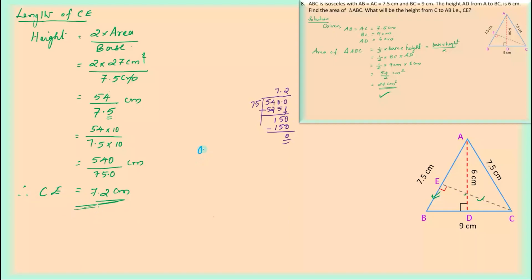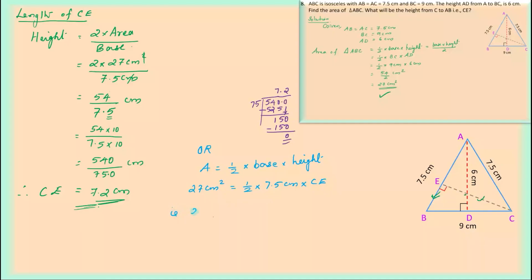Or you can follow this method also. We know area equal to half into base into height. Here area is 27 centimeter square, that is equal to half into base, here 7.5 centimeter, then height is CE.